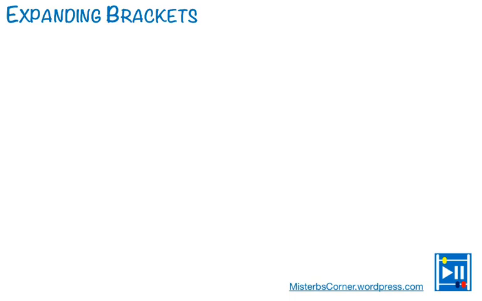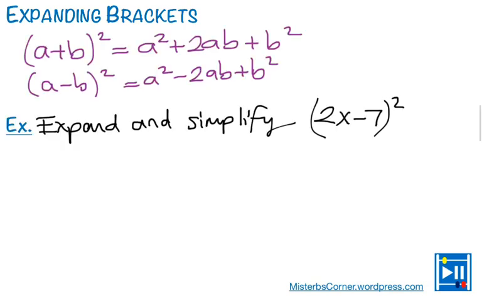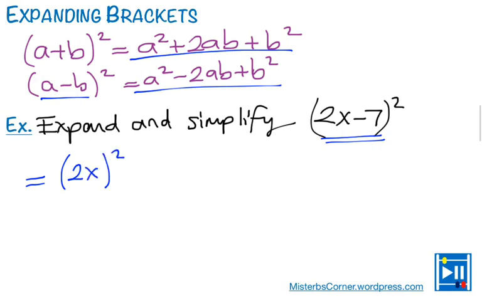Now, you don't need to memorize these, but if you do know them, it's going to help you a lot. So, a plus b bracket squared does expand to this, and a minus b bracket squared does expand to this expression. So if you keep these in mind, you can easily expand these. Now, look at this one. It is 2x minus 7 bracket squared. So all I'm going to write down is 2x squared minus, right, there's a minus sign here.